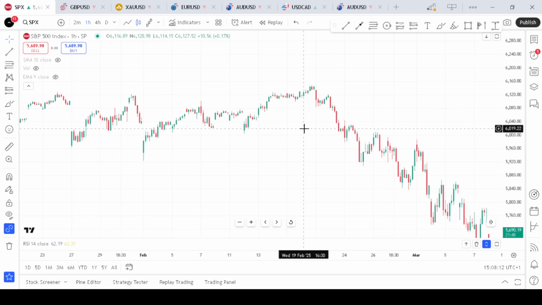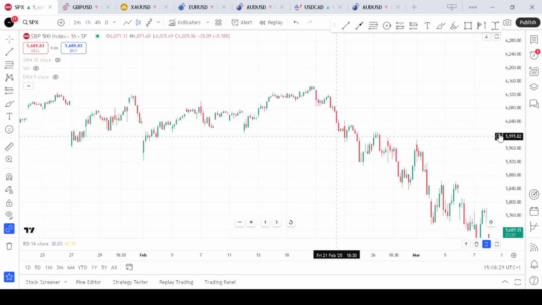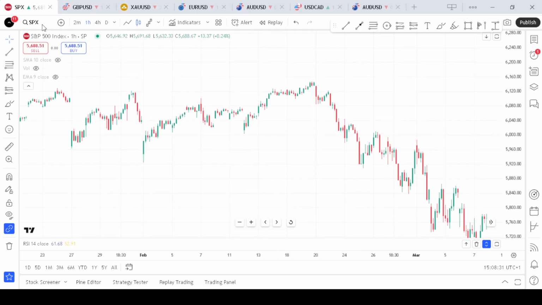Whether you are a seasoned scalper or new to short-term trading, this strategy could be the key to improving your results. So stay tuned until the end to learn how to implement this technique and take your trading to the next level. So we start by understanding what the RENKO chart is about.